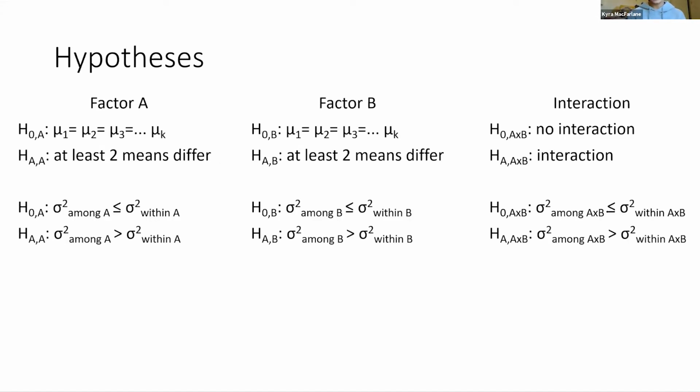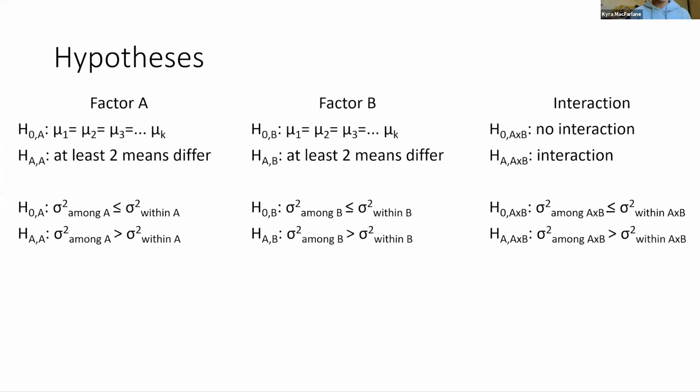So for factor A, our conceptual null hypothesis is that all means by group in factor A are equal to each other. The alternative is that at least 2 means differ from each other. Practically, the way that we actually test that is comparing the mean squares, the variance among and within.